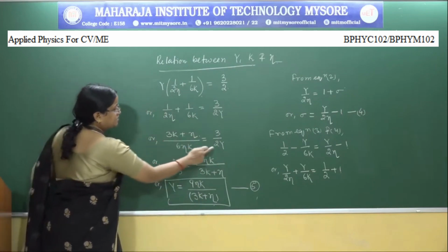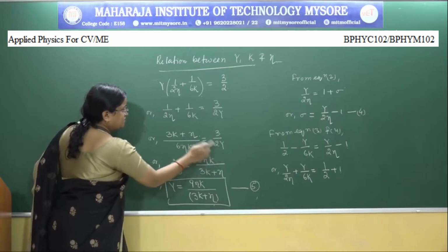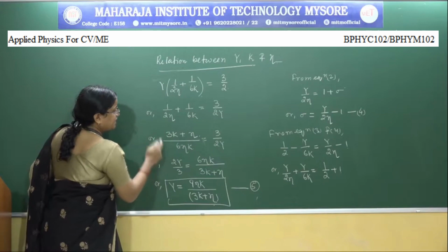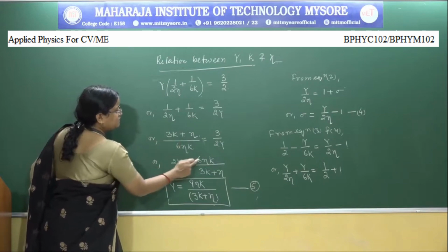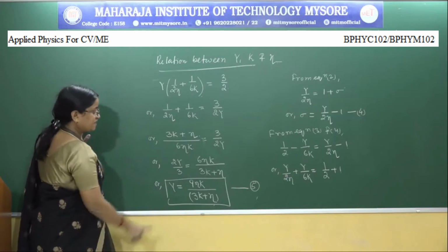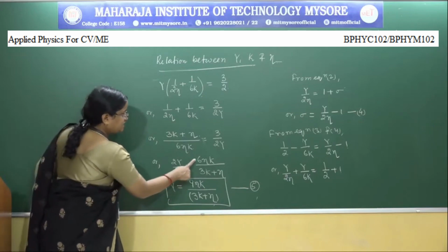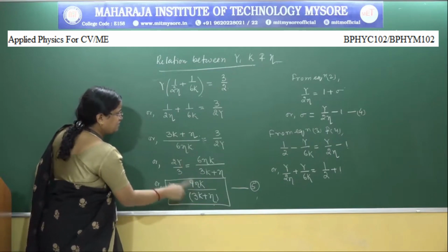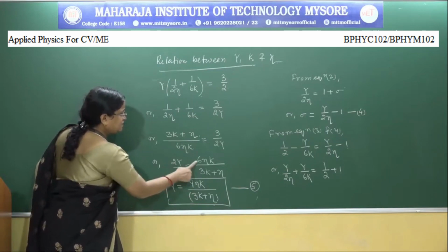If you take the reciprocal of this term, you get 2Y by 3, and the reciprocal of the other term is 6 eta k by 3k plus eta. Now, further you multiply this by 3 and divide by 2. If you cancel, 2 will be cancelled by 3, and 3 into 3 is 9.